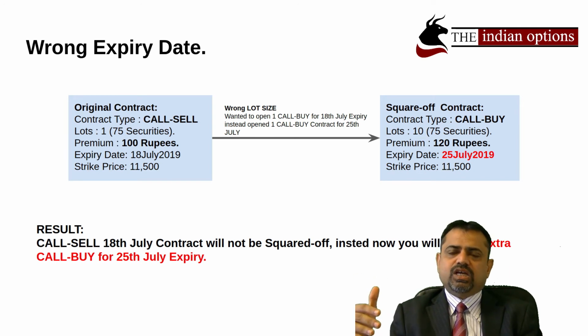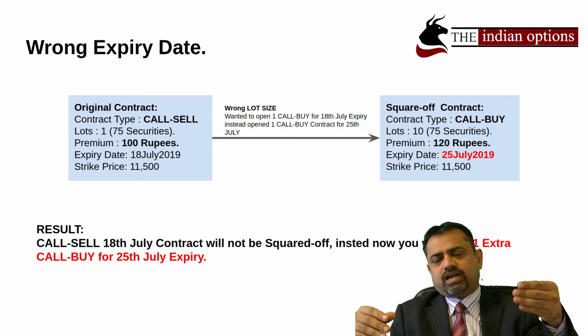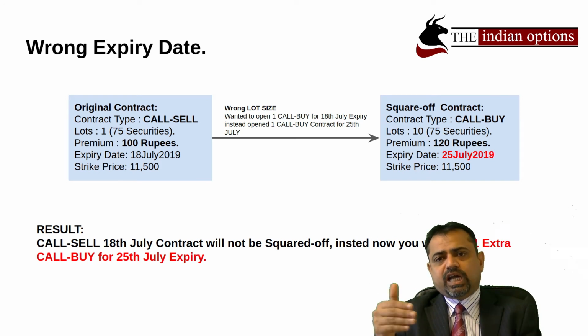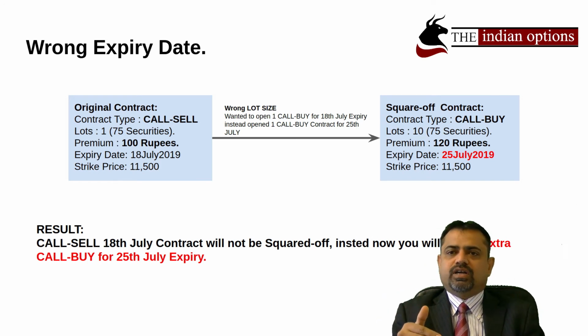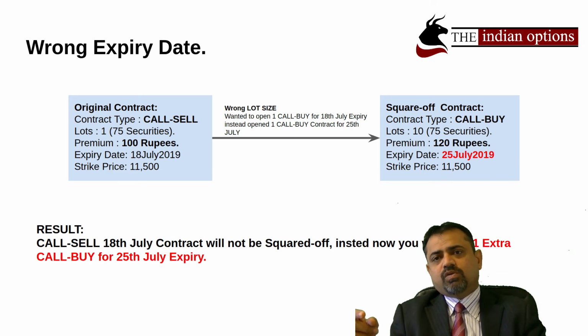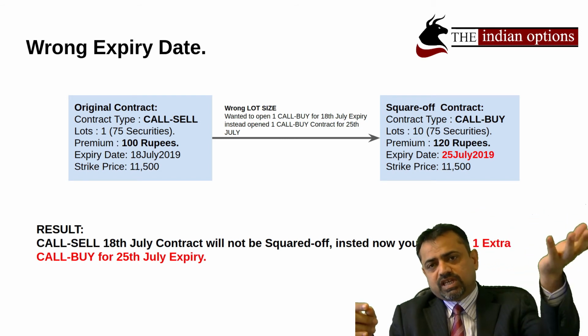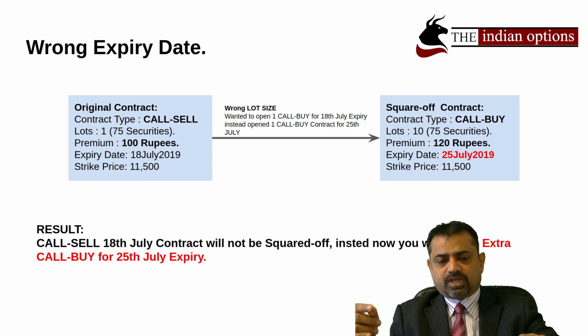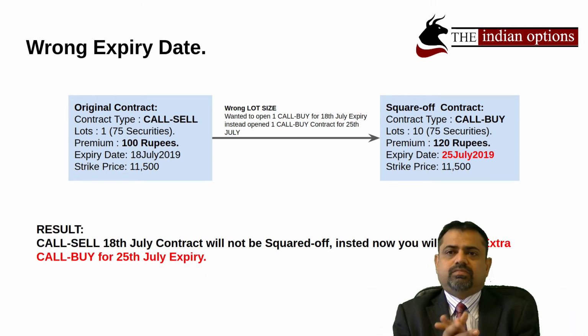In that situation, your original contract is not squared off, but now you have one more contract with a different expiry date in your demat account. So one will be call sell for 18 July, which didn't get squared off, but you will have an extra contract for 25th July. That will be a call buy.